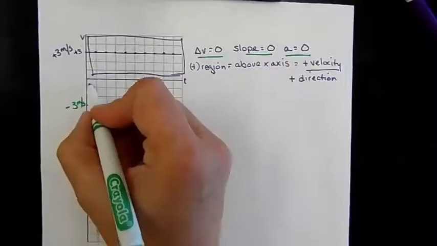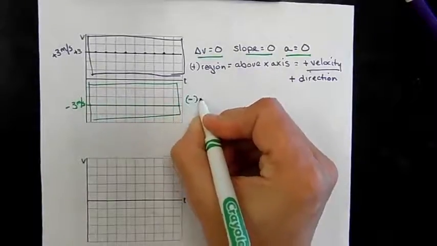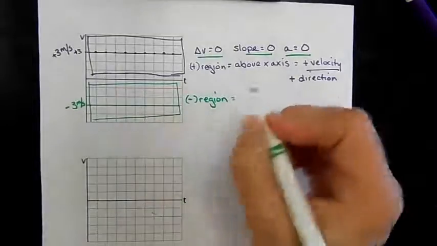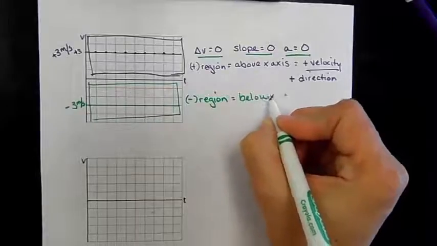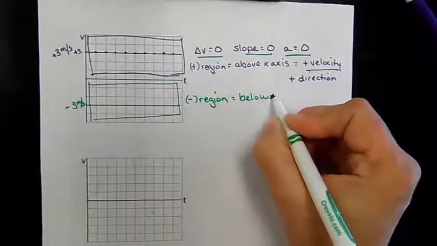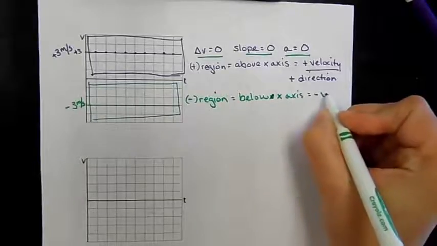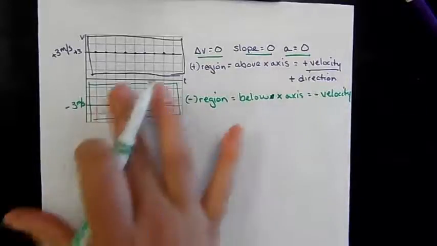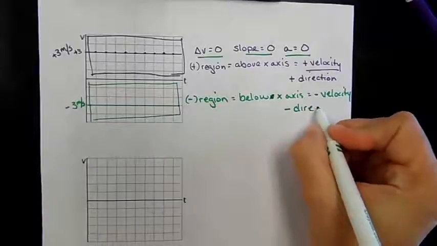The only difference is now we are in this negative region of the graph, which is anywhere below the x-axis. This is a negative velocity. When we have a negative velocity, what we mean is we are moving in a negative direction.